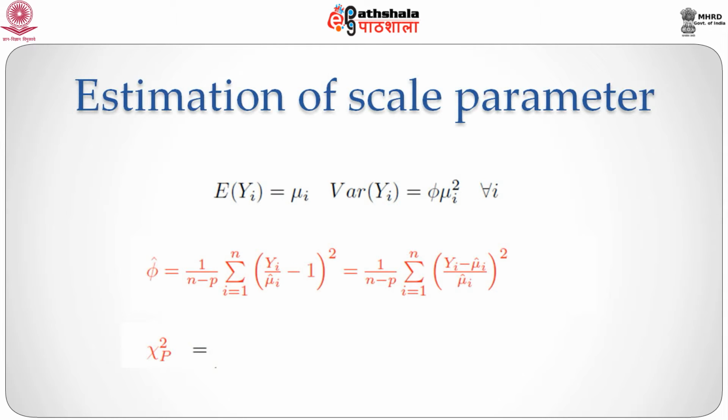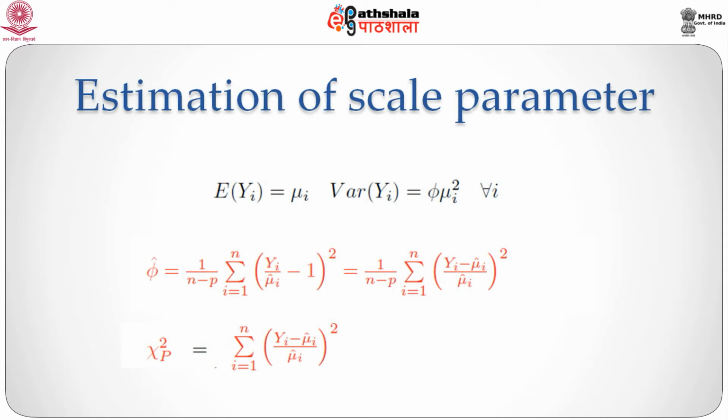To estimate the scale parameter, we can use the Pearsonian residuals and estimate phi hat as phi hat equal to 1 over n minus p summation i equals 1 to n of yi by mu i hat minus 1 squared, equal to 1 over n minus p summation i equals 1 to n of yi minus mu i hat by mu i hat, squared.